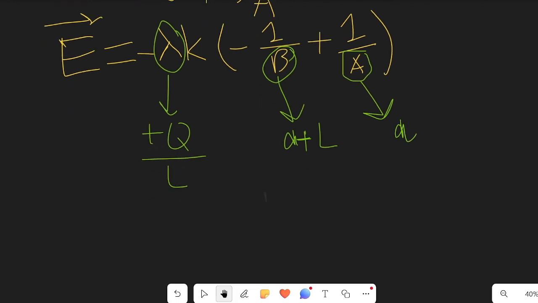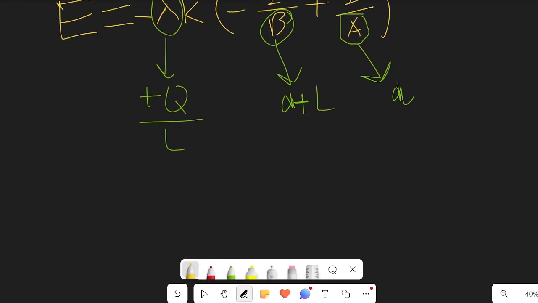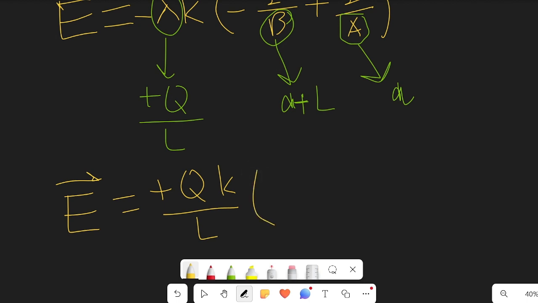Now we simply simplify all of this. We have positive Q times k divided by L, times 1 over A minus 1 over A plus L. And there we go, that looks much nicer.